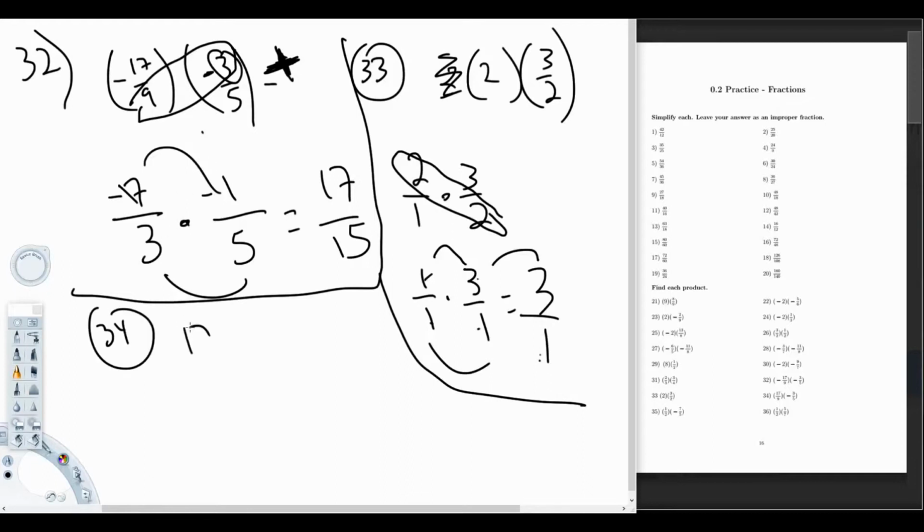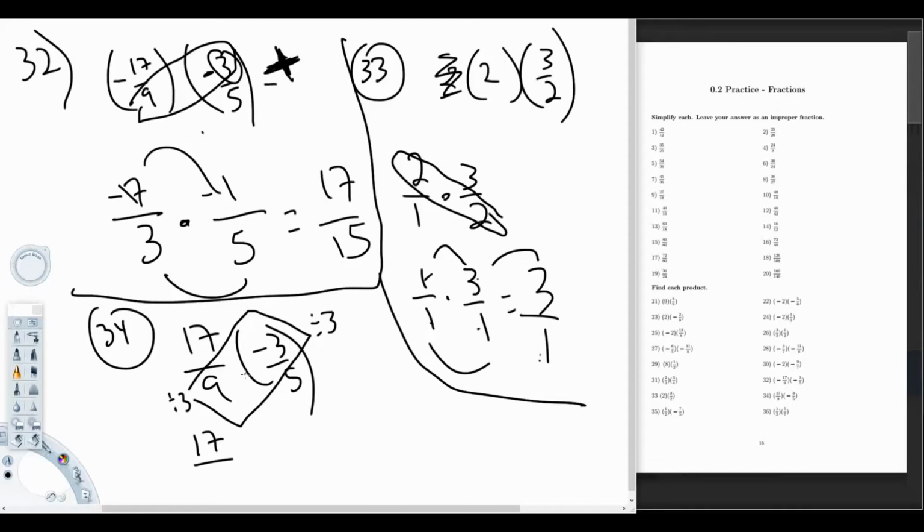17 over 9 minus 3 over 5. Okay, take a look at this. I think we can cancel. So let's do 17 over 9; this can be divided by 3, and this can be divided by 3. So we have 17 over 9 divided by 3 equals 3.